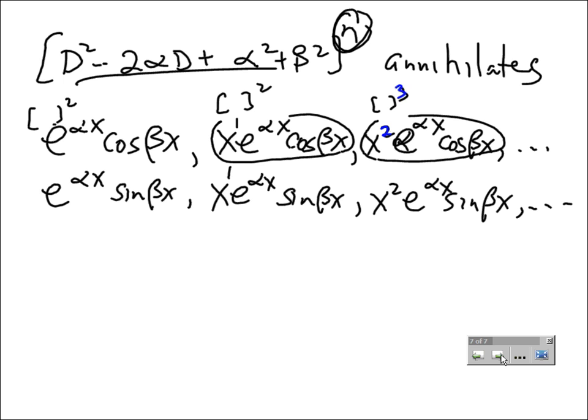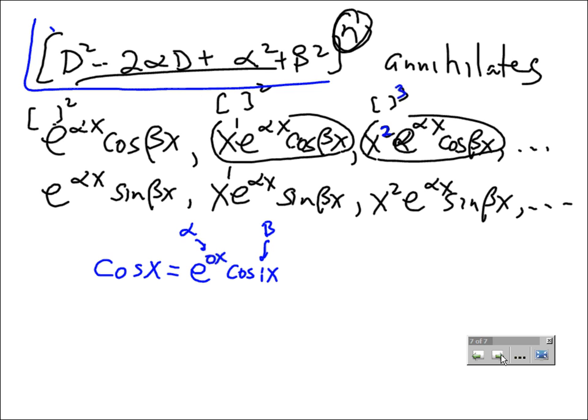Now, what if you were just given cosine of x? What will annihilate that? You need to realize that this is e to the 0x, which is 1, times the cosine of 1x. That is, 0 is a, and 1 is b in this formula.